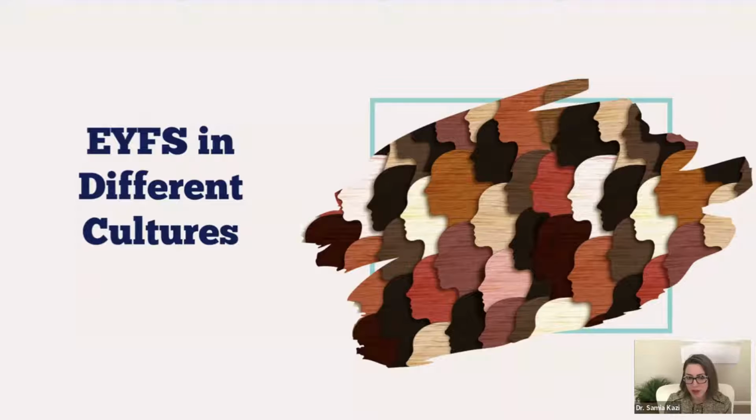And although the EYFS was designed for the UK, it is flexible enough to be adapted to diverse cultural contexts. It respects and acknowledges different family backgrounds, the languages, the cultural practices. It really is a universally adaptable framework.